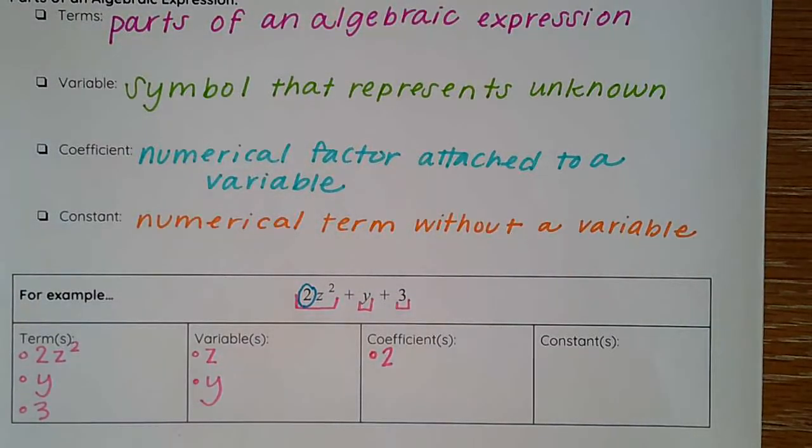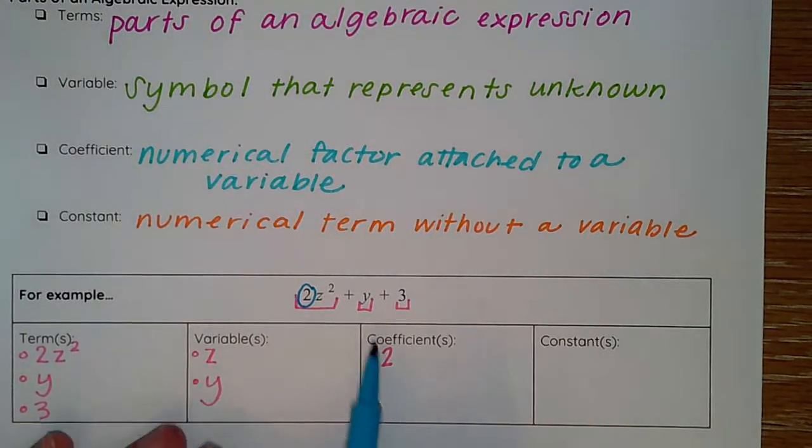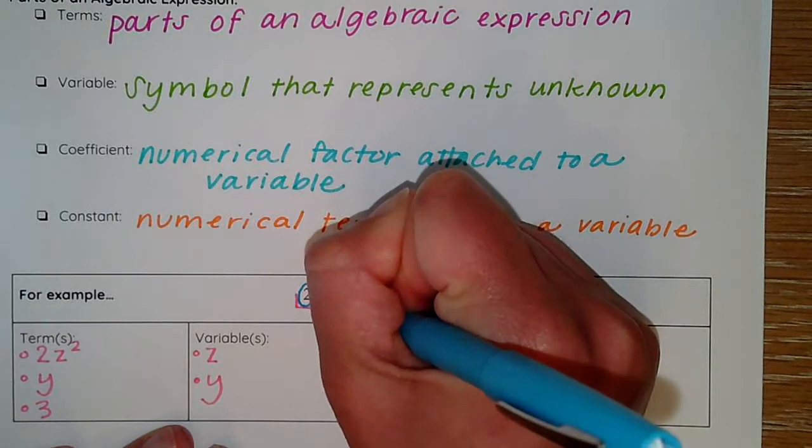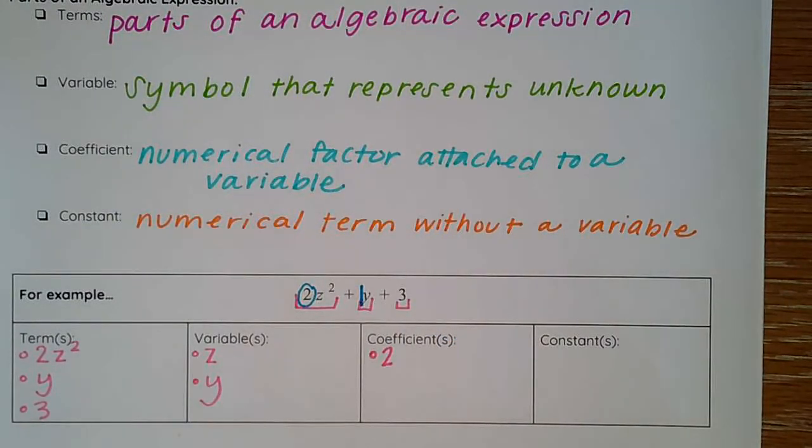Many times we think we are done with our coefficients, but in fact we're not. Every variable has a coefficient whether we see it or not. When we do not see a coefficient, as is the case here with our y, that means that 1 is our coefficient.